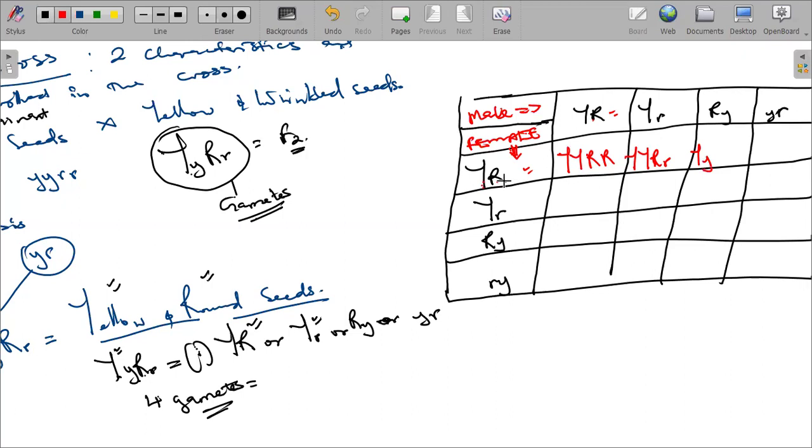I have got this dominant R and that dominant R there. The same applies. I can take this dominant Y and the small y, and the dominant R and small r until the whole box, all these Punnett boxes, are filled.